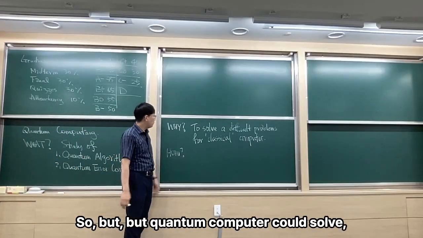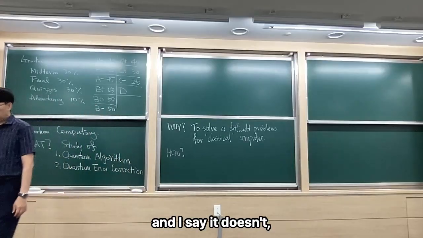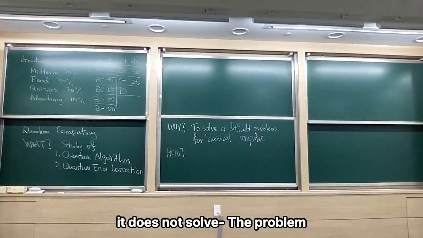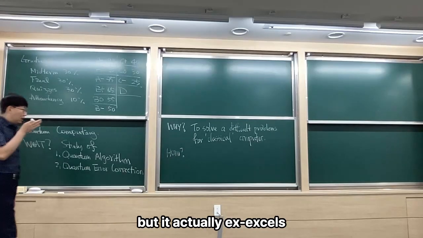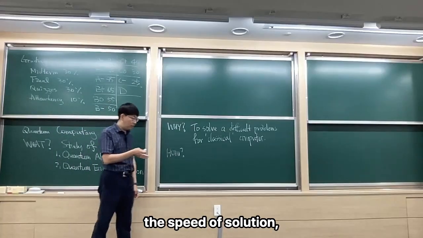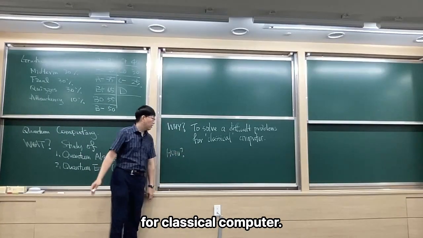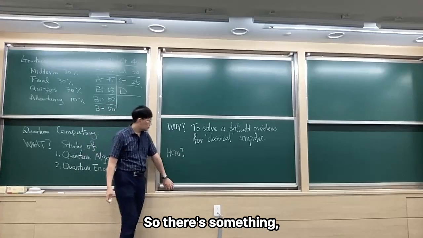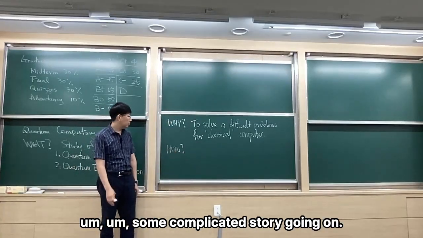But a quantum computer could solve it, well, I should say it does not solve the problem in the way we want, but it actually exceeds the speed of solving the problem for a classical computer. There's some complicated story going on.